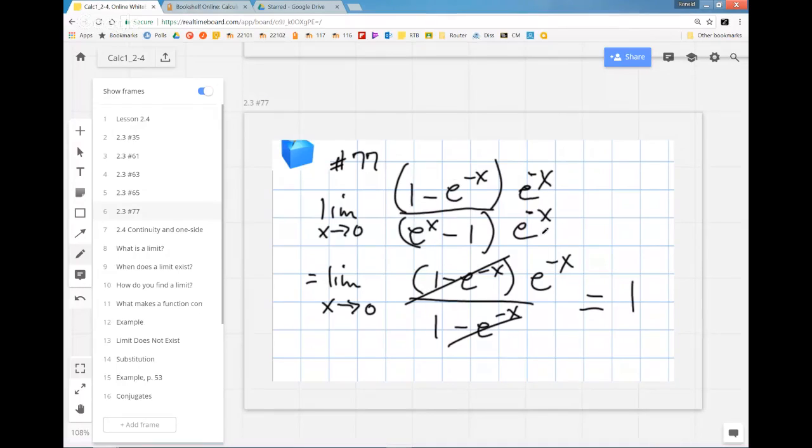Keep the base and add the exponents. So you keep the base e, add the exponent 0. E to the 0 is 1.